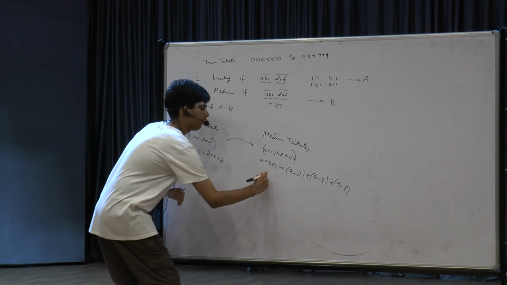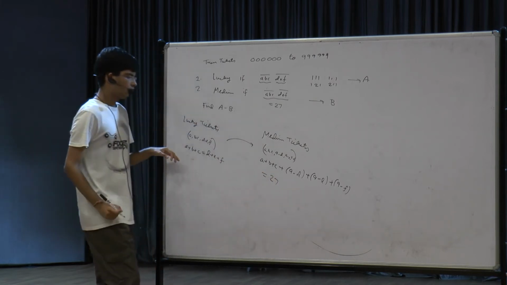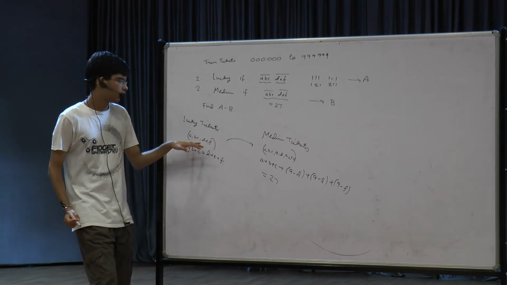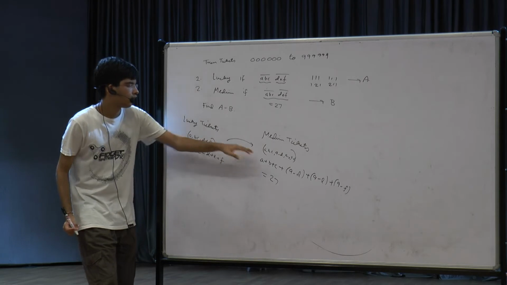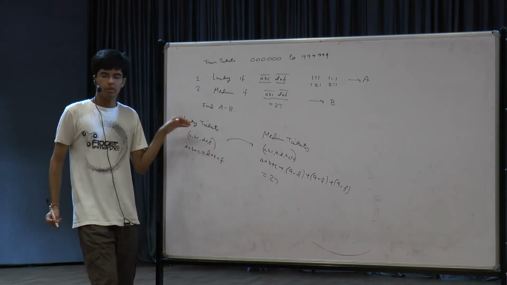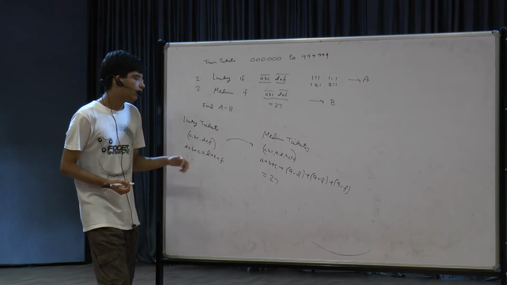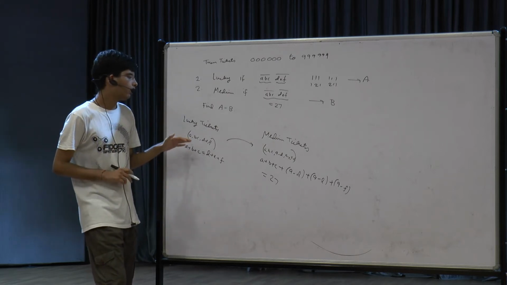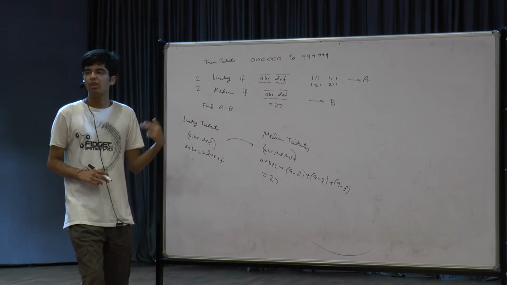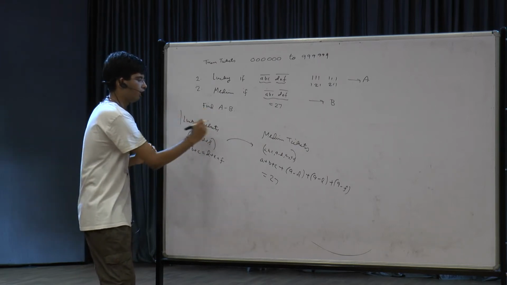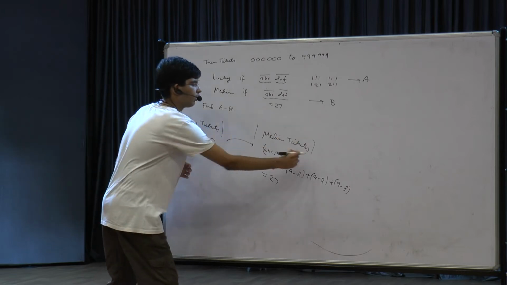So what we are left with is 27. So first we have shown that this map takes lucky tickets to medium tickets. And now we'll show that A, this is injective, and B, this is surjective. And then we'll conclude that this set has the same size as this set, and we'll be done.